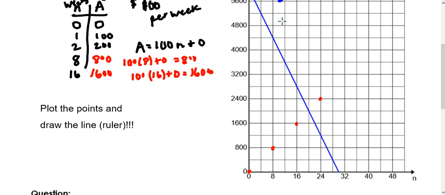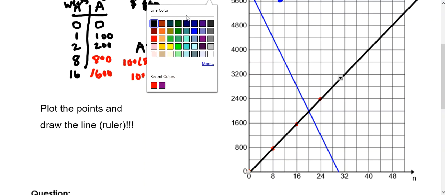All right, and now I can sketch that line, and I'm just going to make it red so that we can see it.